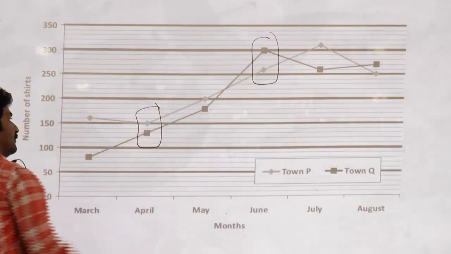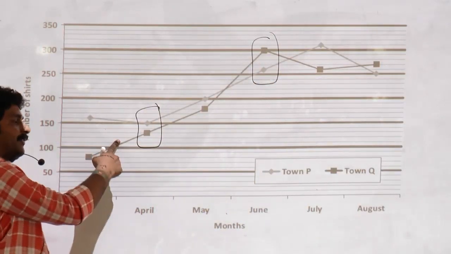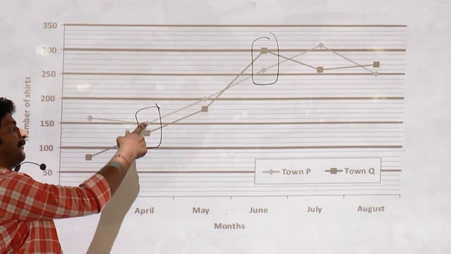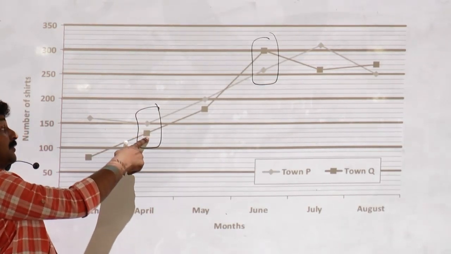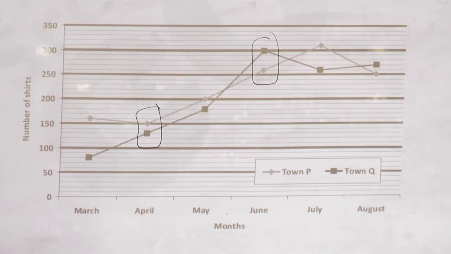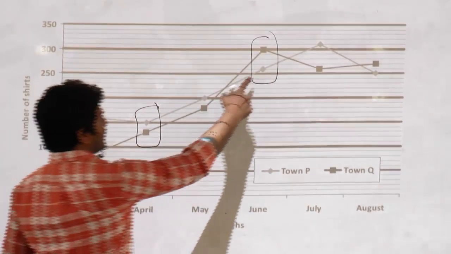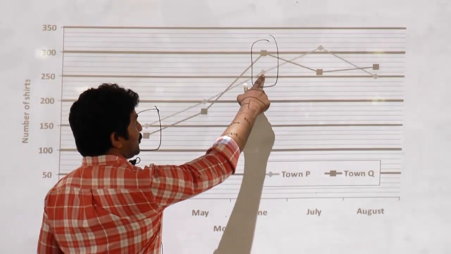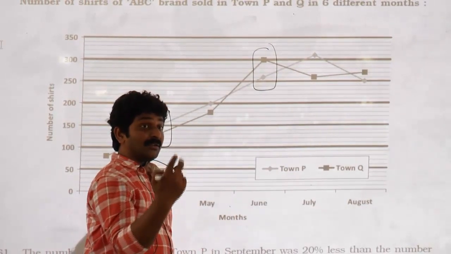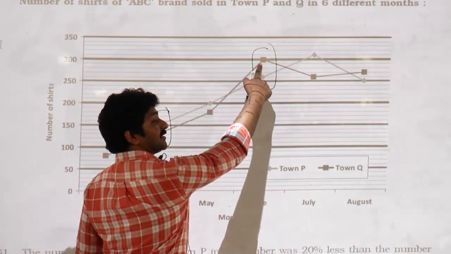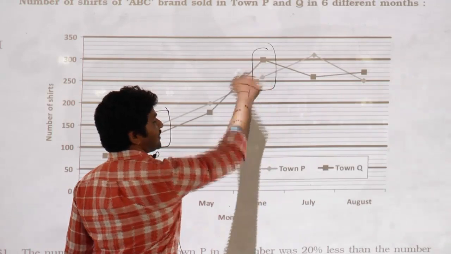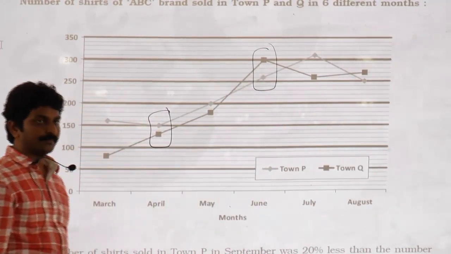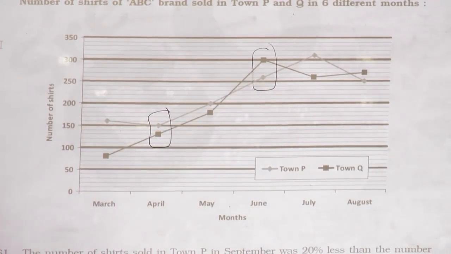April, these two. Difference, right? Now, this is 150 and this is 130. Total 280. What is this? 260. Still you need to subtract 20. Subtract 20 from this. Again, the difference is 20.